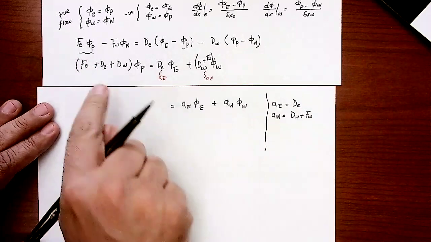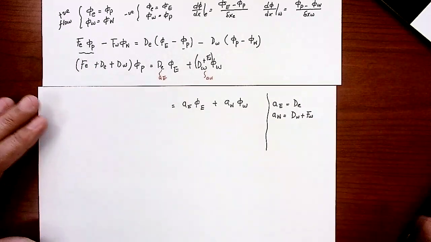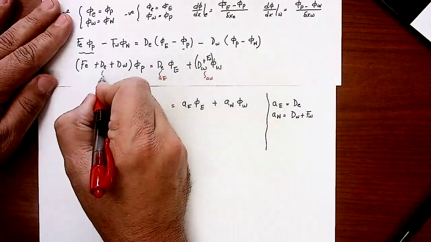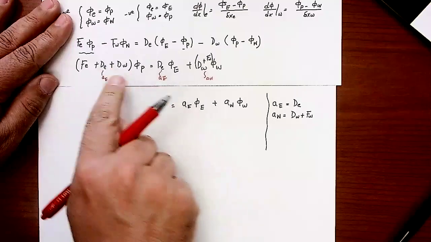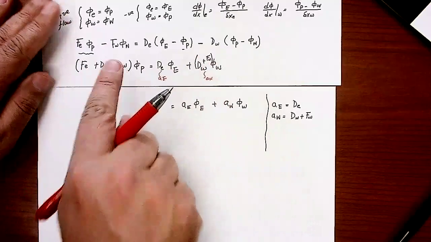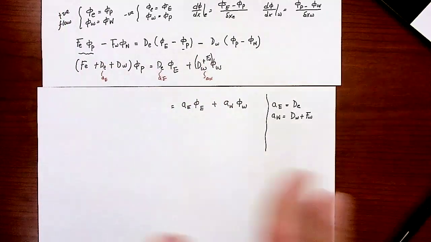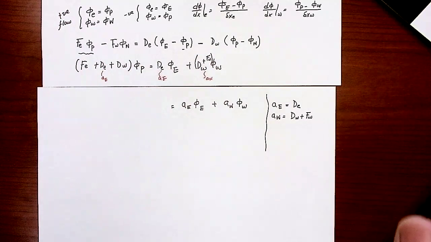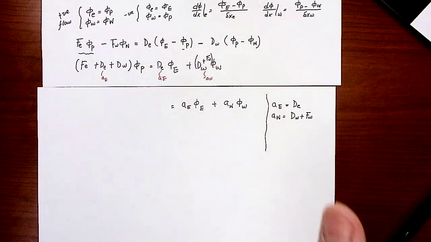Now, let's look at that term here. I can see A east, but this is F west plus D west. This is F east plus D west. I know you may have F east and F west the same, but this is not generalized. This is a special case, right? But we are trying to develop the equation for the more general solution here.